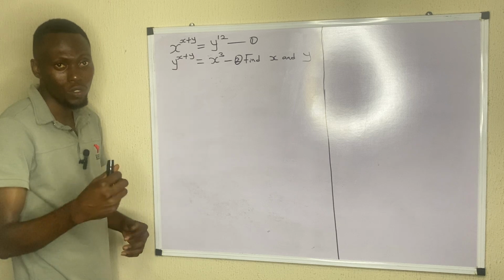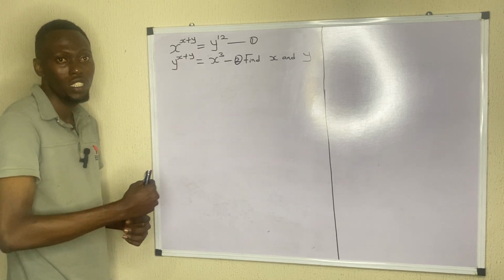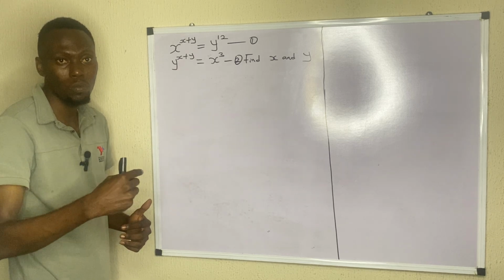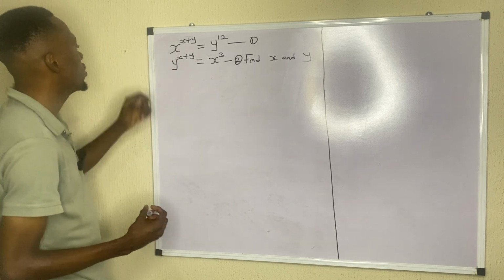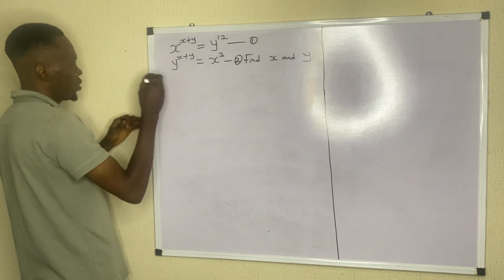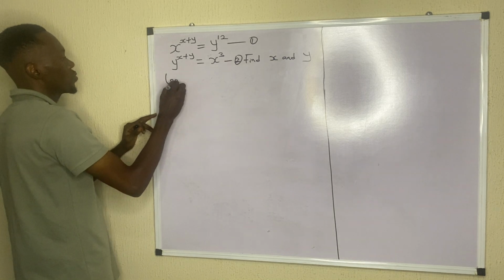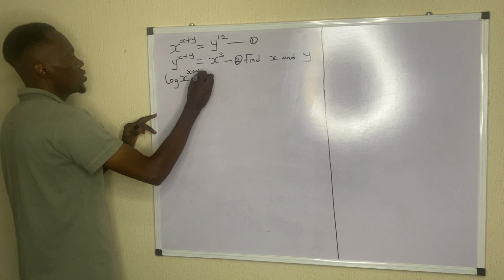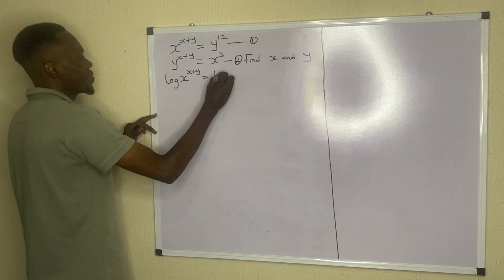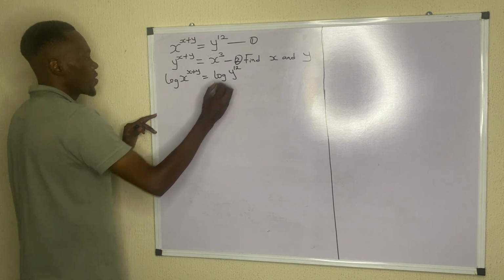The best thing to do in this particular question now is to take the logarithm of both sides in each of the equations. So if I take the log of both sides in equation 1, I'll be left with log x raised to power x plus y is equals to log y raised to power 12.